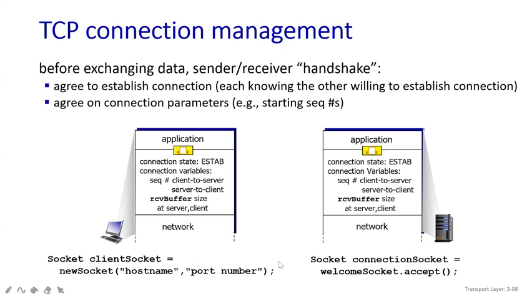This is only to establish the connections. The client wants to give the connection. So how is it going to write the connection? This line is only about the connection setup. You are going to write here connectionSocket, all these things are inbuilt. welcomeSocket.accept, then it is going to accept it.